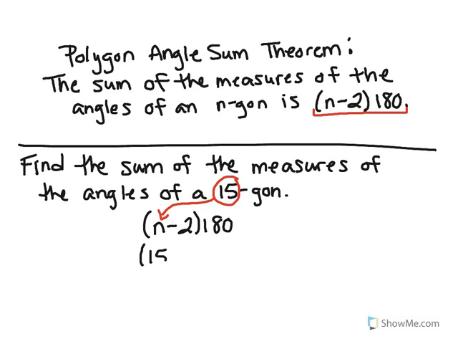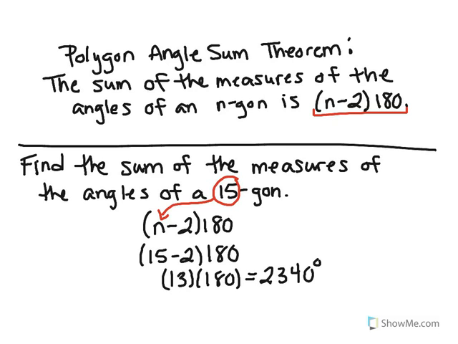So I'm going to say 15 minus 2 times 180. And that's going to give me 13 times 180, which is equal to 2,340 degrees. So in any polygon that has 15 sides, you're looking at an entire sum of measures of 2,340 degrees. And that's a lot.